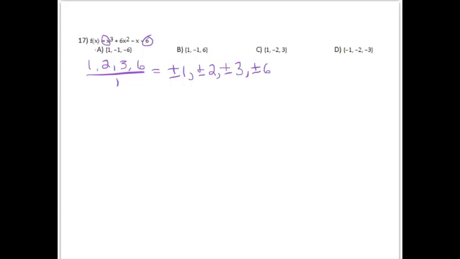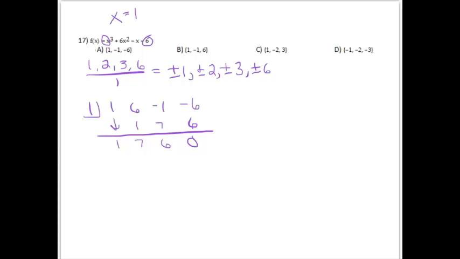So let's do some synthetic division. Hooray! Guessed right. So x equals 1 is an answer.